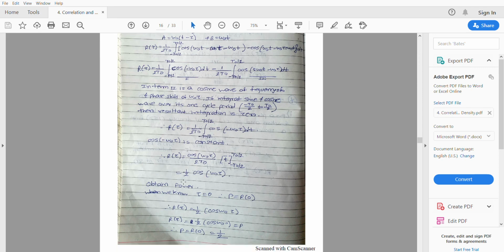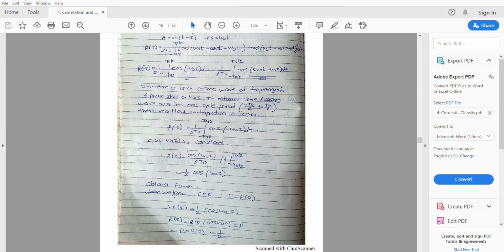Now what do we have to find? We have to find the power. Another way to find the power is to simply substitute tau equal to 0. When tau is equal to 0, cos of 0 becomes 1. So what is the power here? Half. This is another way to find the power.